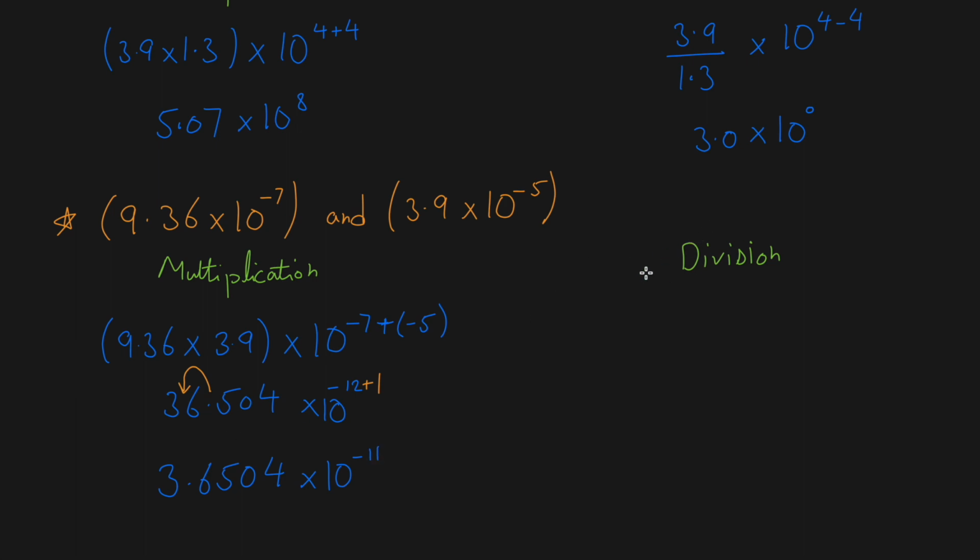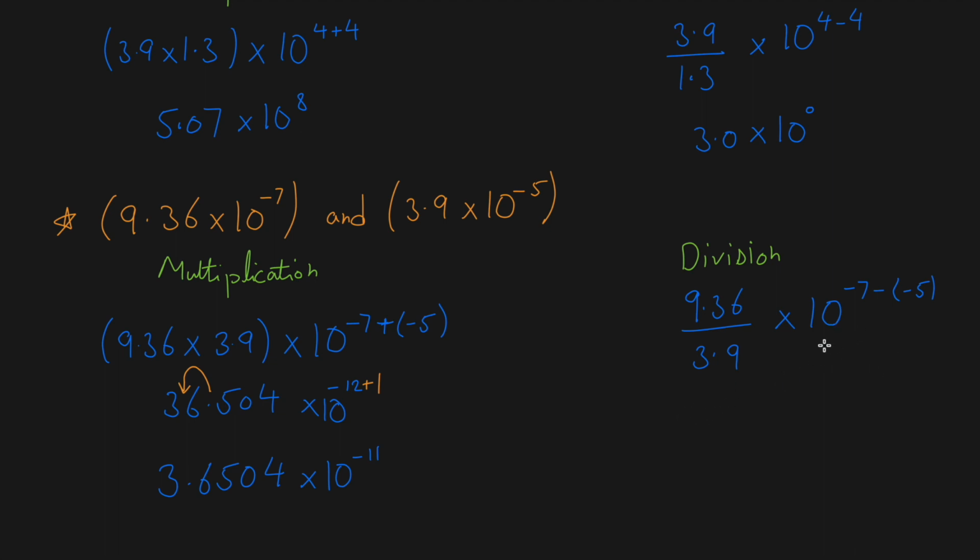On to the division side. Division side will be the same, 9.36 by 3.9. So here, as I told you, will be minus. So it will be 10 power minus 7 minus, and then we'll have minus 5 with brackets. So we all know minus minus plus.